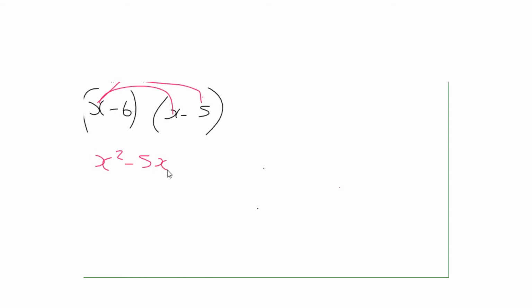And then I'm going to multiply the negative 6 times the x and the negative 6 times the negative 5. So minus negative 6 times x, that's negative 6x, and negative 6 times negative 5 gives us a positive number, that's positive 30.